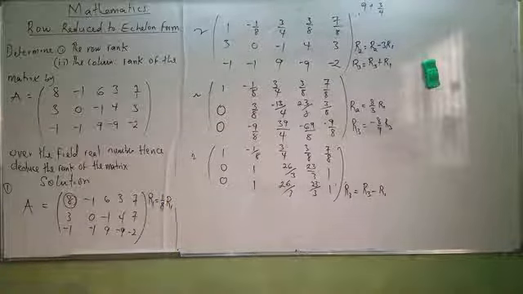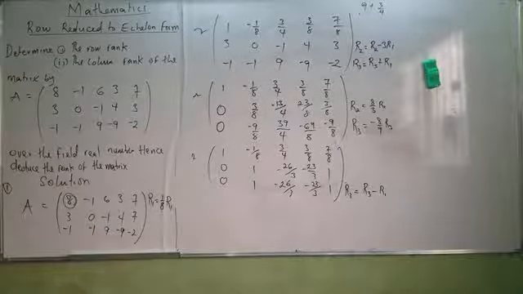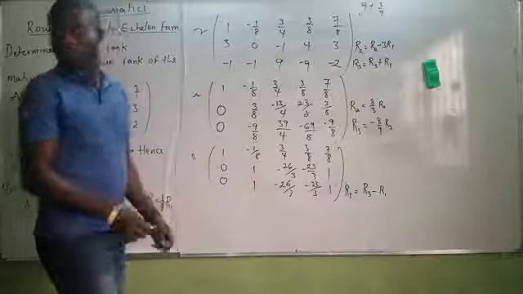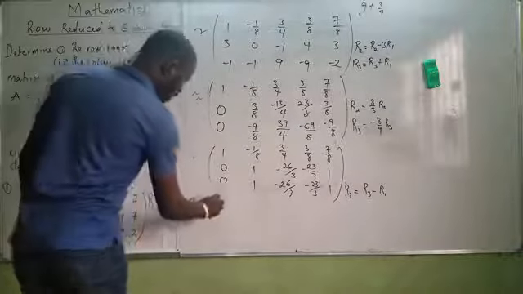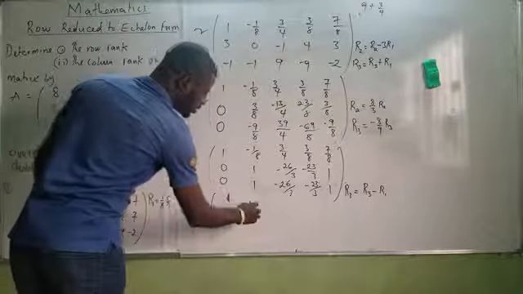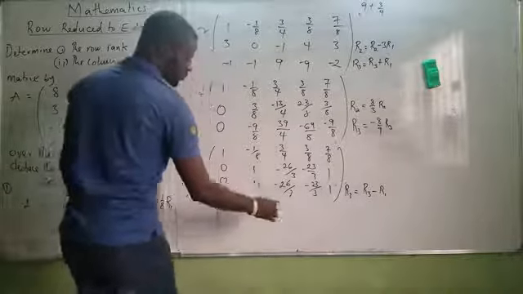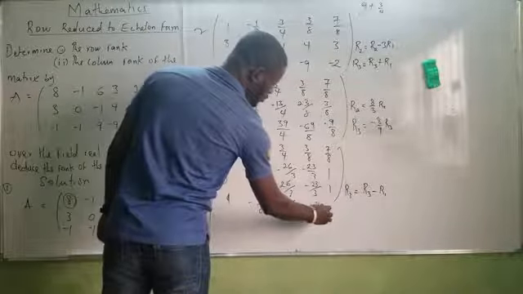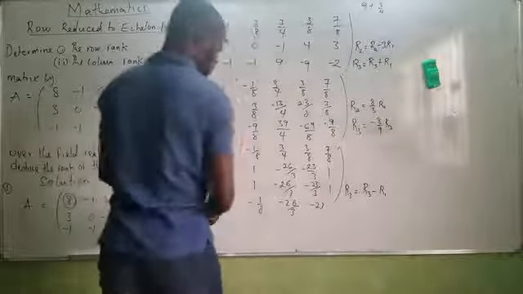Row 3 minus row 1, by so doing that, we'll be having 1 minus 1 all over 8, minus 2 all over 3, minus 2 all over 4.